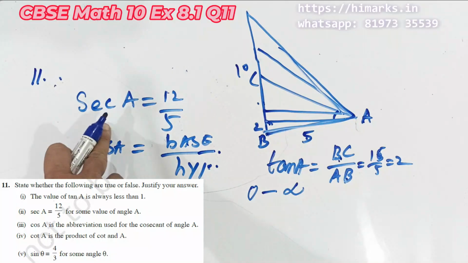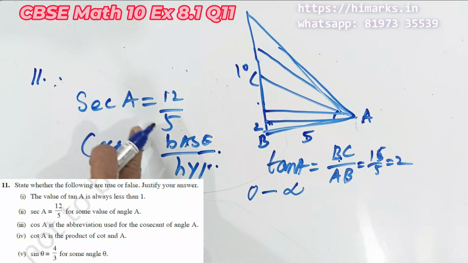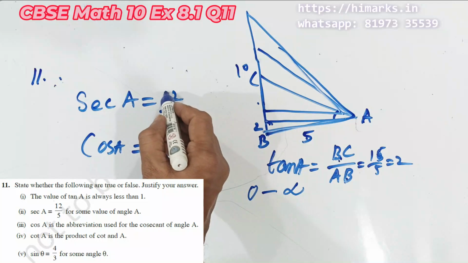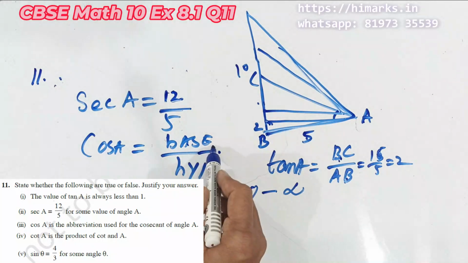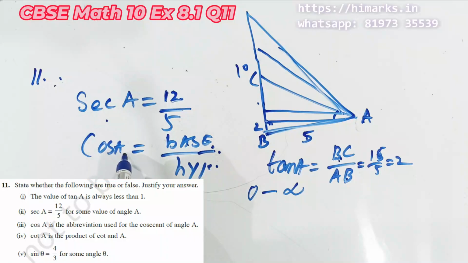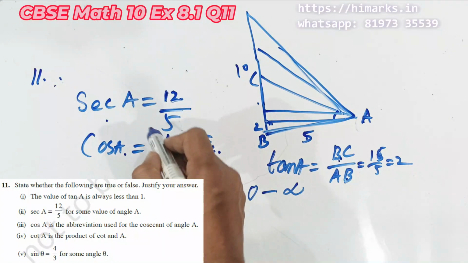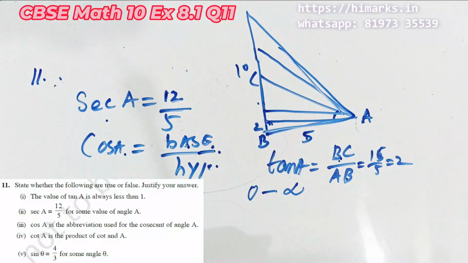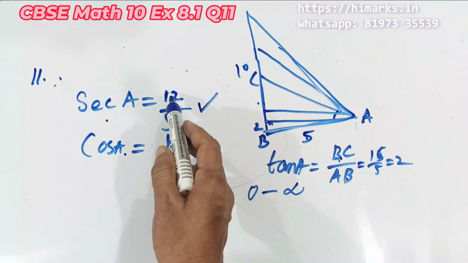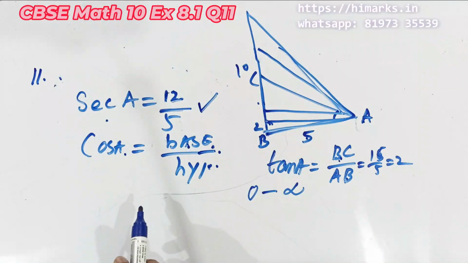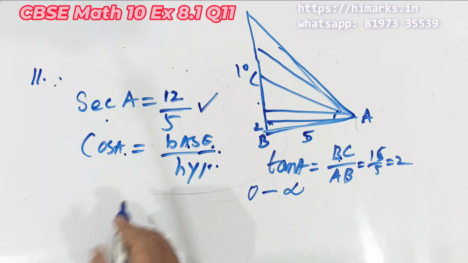In cos you will get the numerator always smaller, and sec is the opposite of cos, so you will get the numerator always bigger. So this is correct. For sec, you will never find the numerator smaller. So this is true.